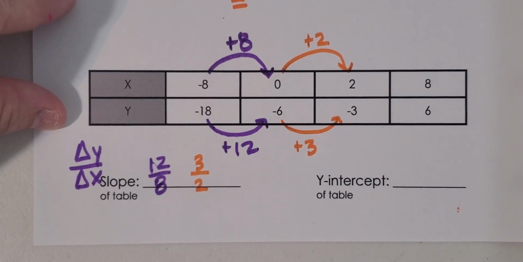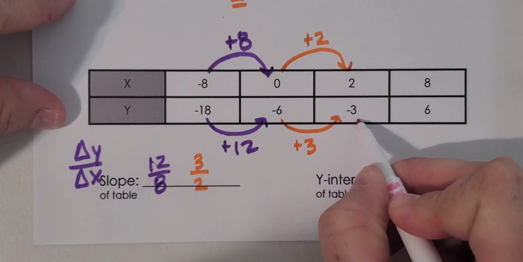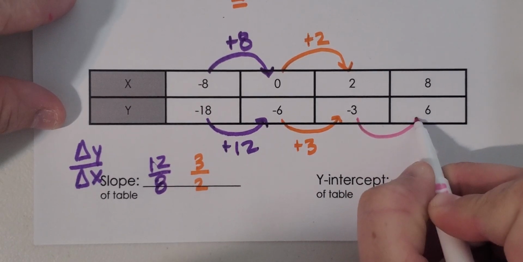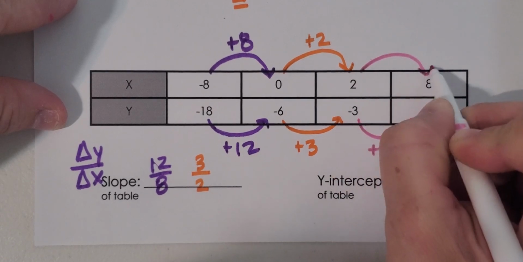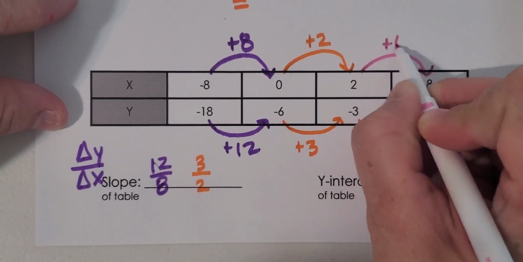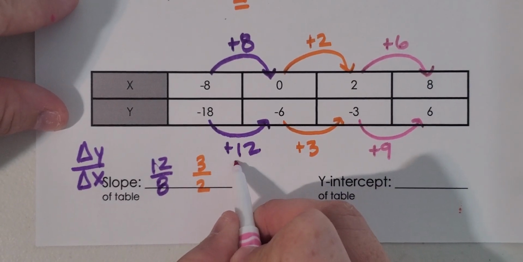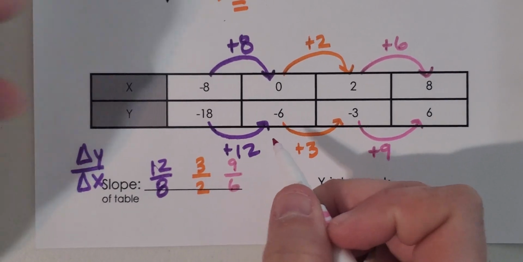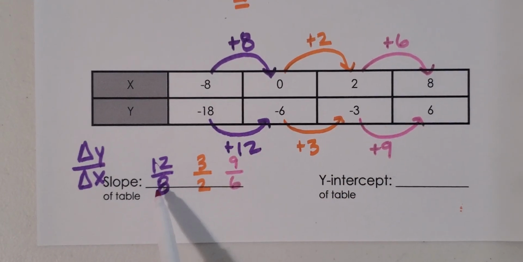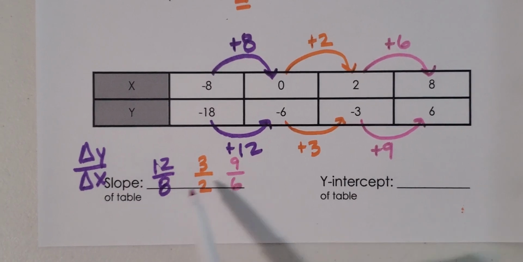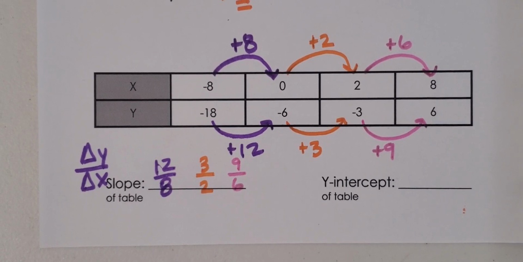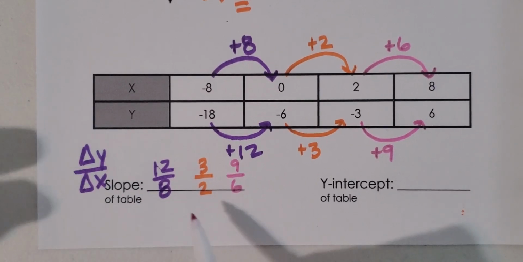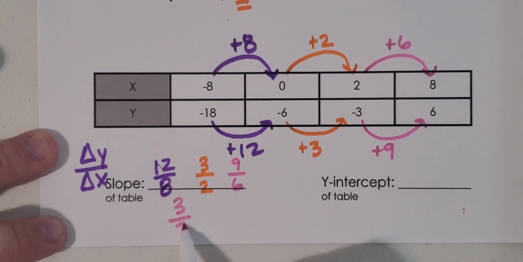And then for my last ratio, I'm looking at -3 to +6, and that's adding 9. While 2 to 8 is adding 6. So I would have 9/6. Again, I have 3 different fractions that all look different, but when I simplify them down, all of them can be equal to 3/2.